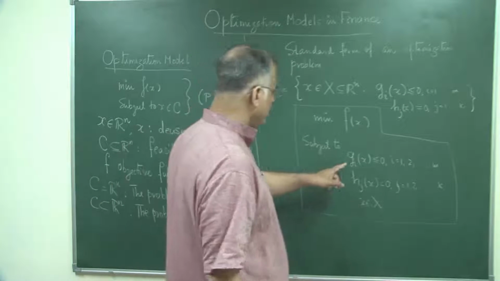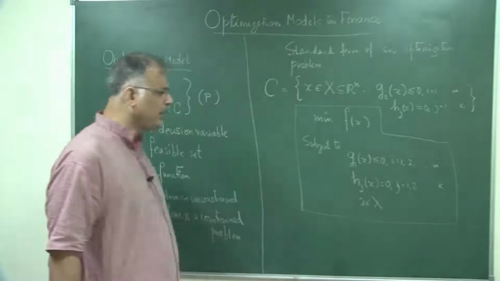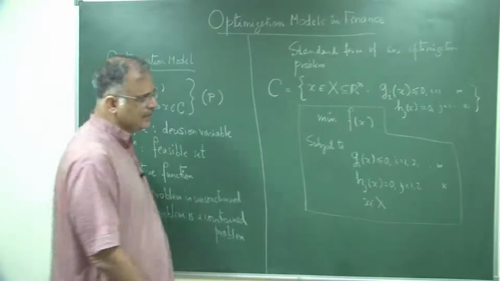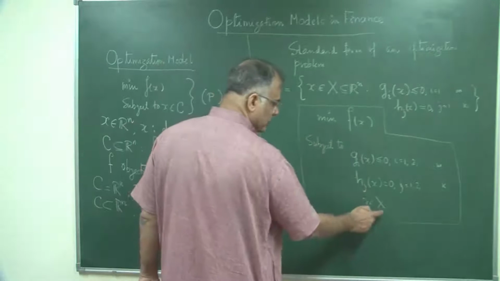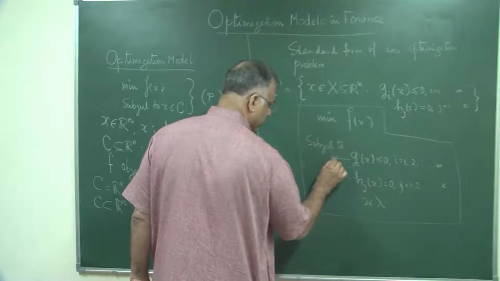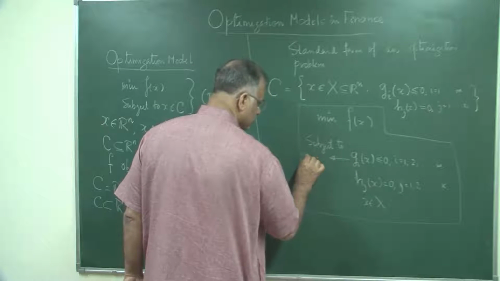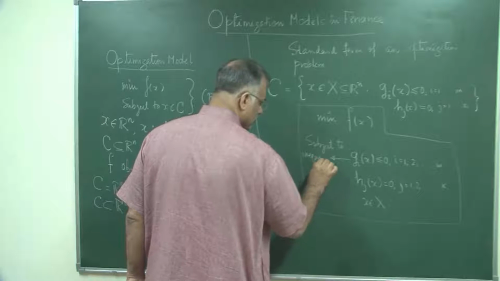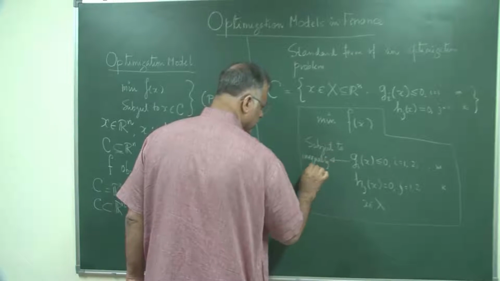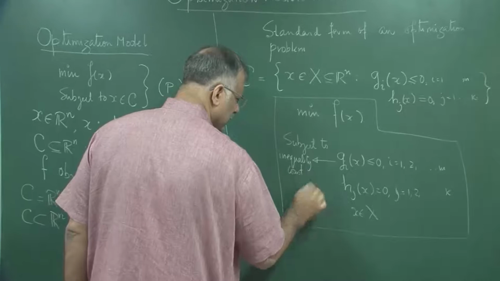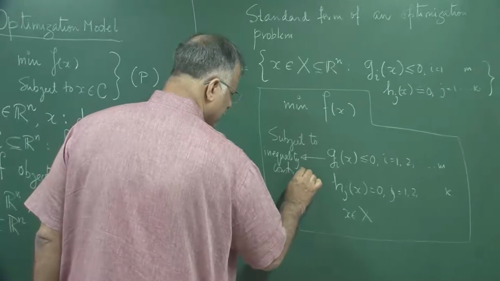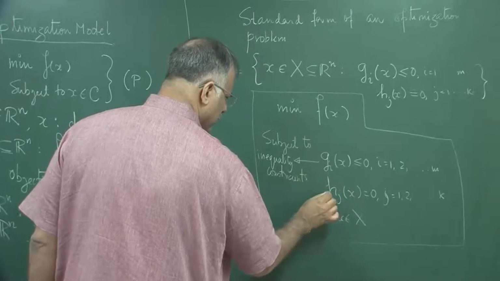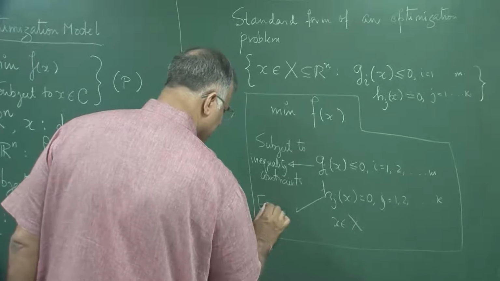These g_i(x) are called inequality constraints, h_j(x) are called equality constraints, and this is called an abstract constraint.